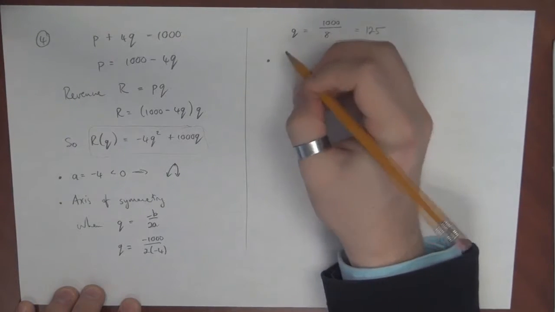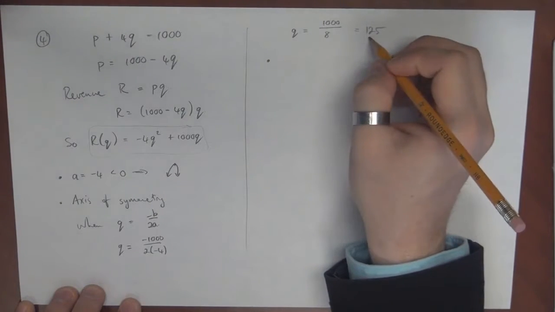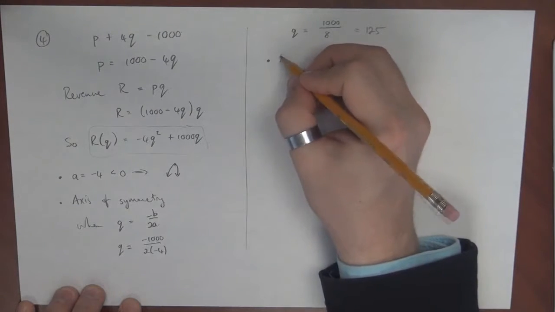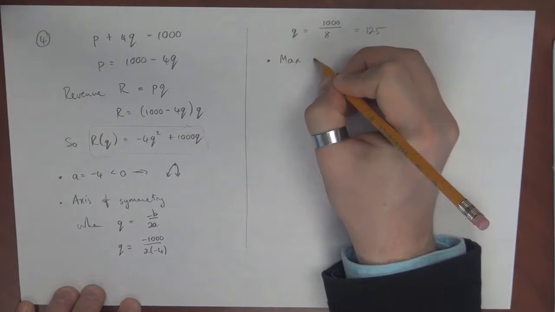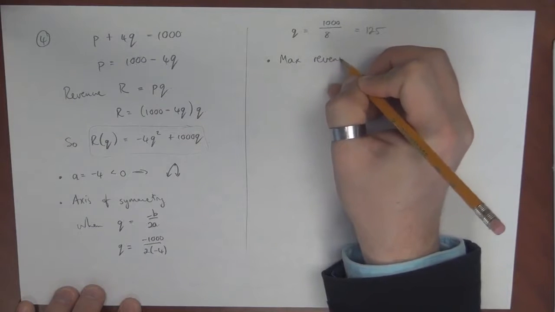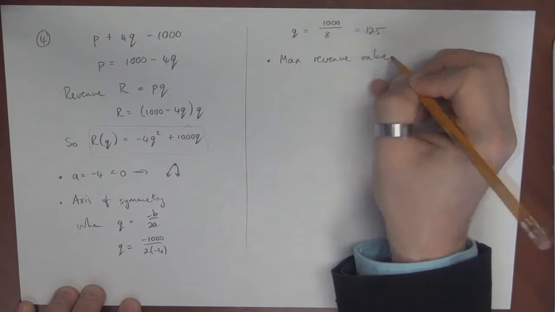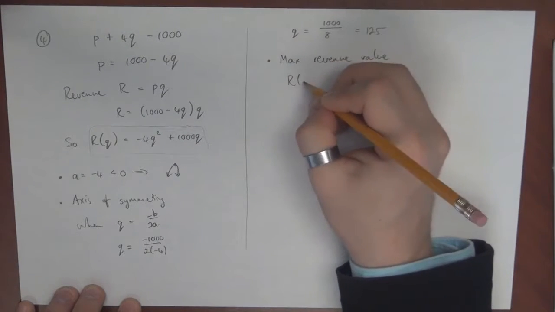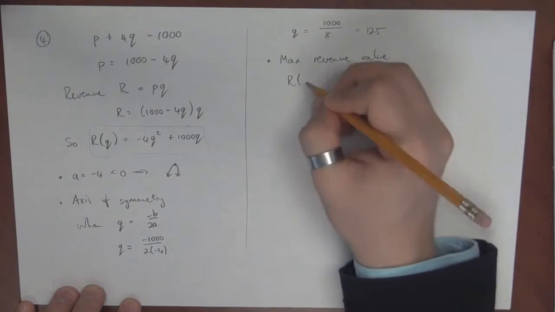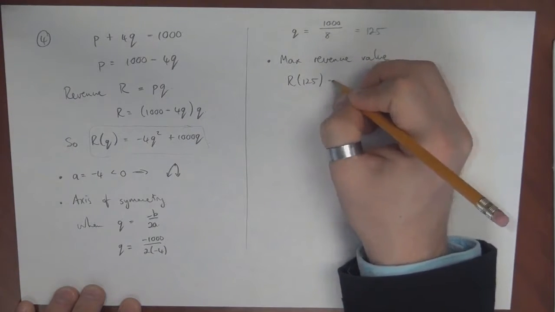Now what is that maximum value corresponding to Q equal to 125? The maximum revenue value, maximum function value, is then R evaluated at 125.